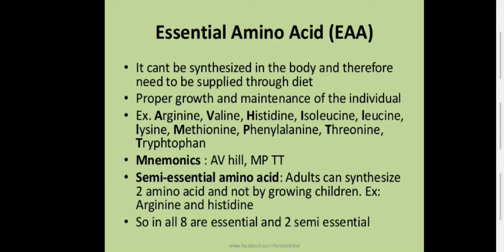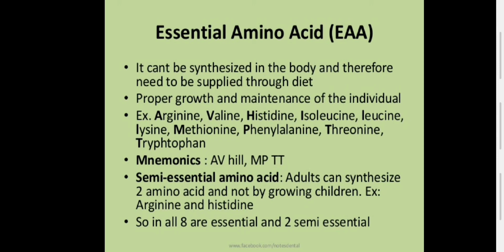Essential amino acids are needed for proper growth and maintenance of the individual. What are those essential amino acids? We have arginine, valine, histidine, isoleucine, leucine, lysine, methionine, phenylalanine, threonine, and tryptophan.